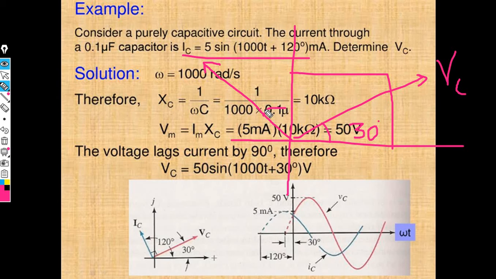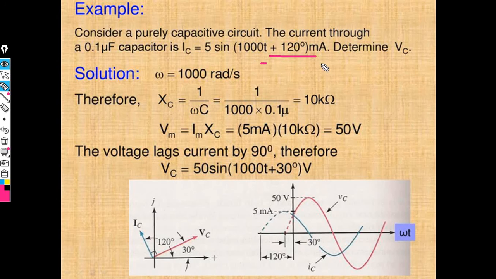Then 90 plus 30 gives 120. That means for current IC we need a 120-degree angle, and for voltage 30. Now this is the graphical representation of the angles VC and IC. This is called the phasor diagram. Here we have drawn the waveform.